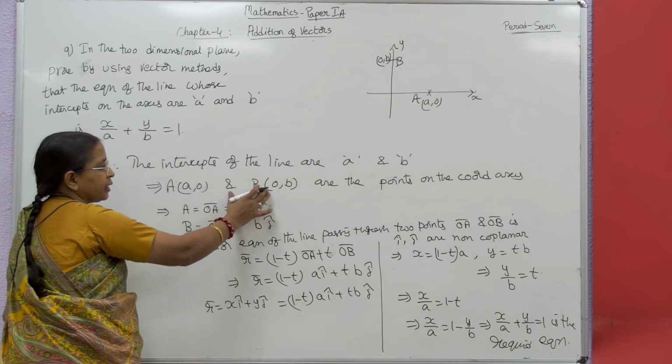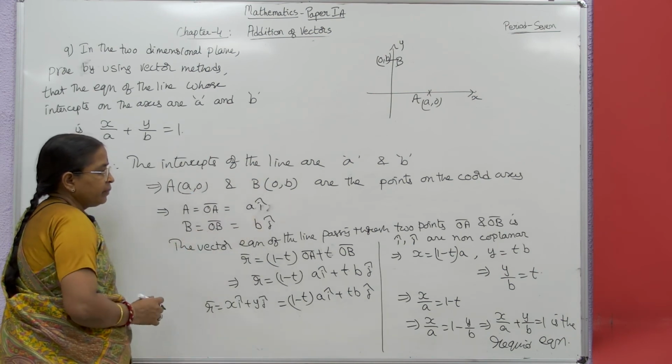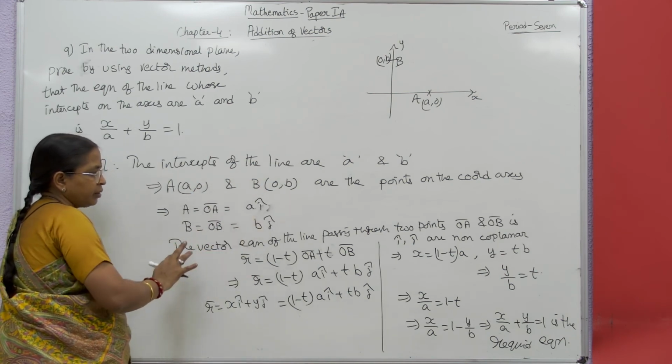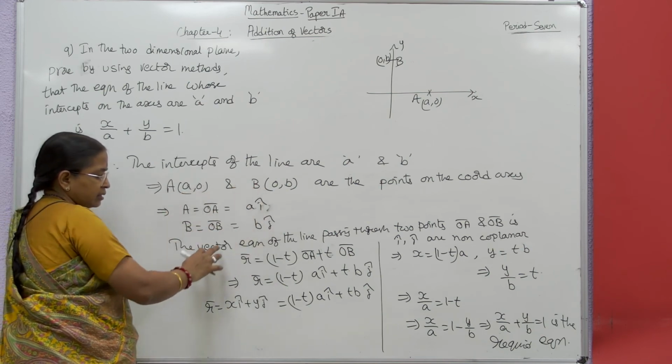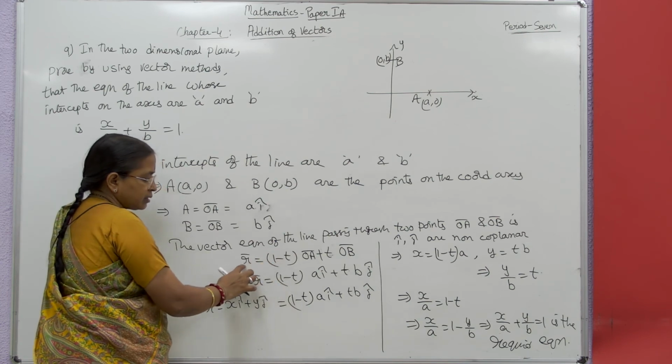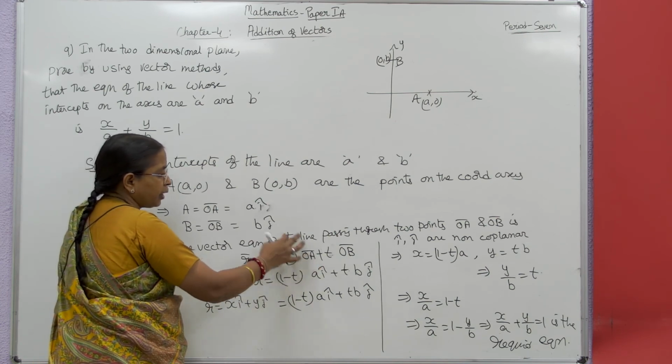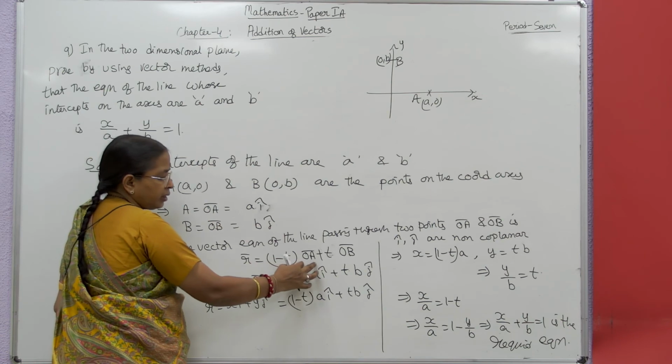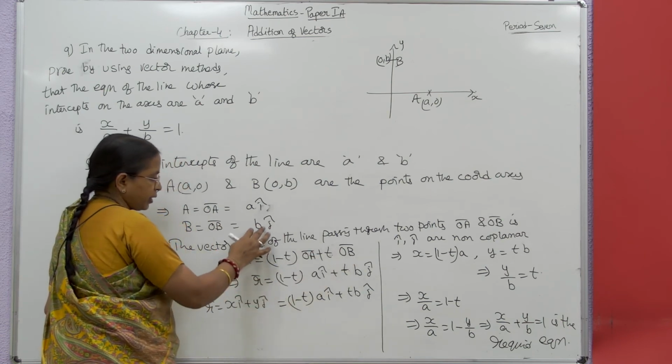So we'll take the points in two dimensions like this, ai and then bj, because they are on the x-axis and y-axis. Now write the vector equation of the line passing through 2 points as r is equal to (1 minus t) into a, where the A point is OA, and t into b, where the B point is OB.